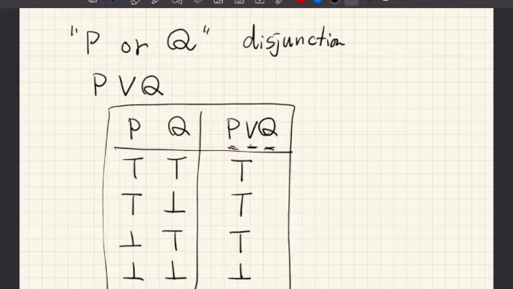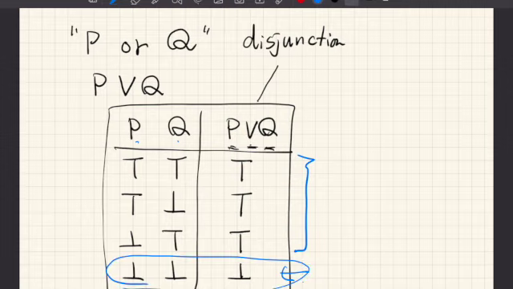So this is the truth table that defines disjunction. In this case, if at least one of P or Q is true, then the disjunction is true. When both are false, this is false. This is the only case where disjunction is false.